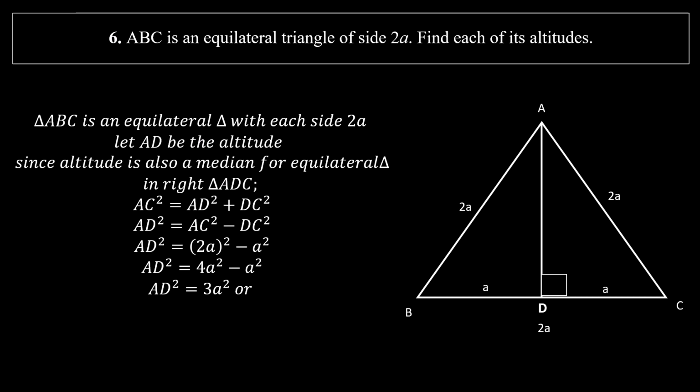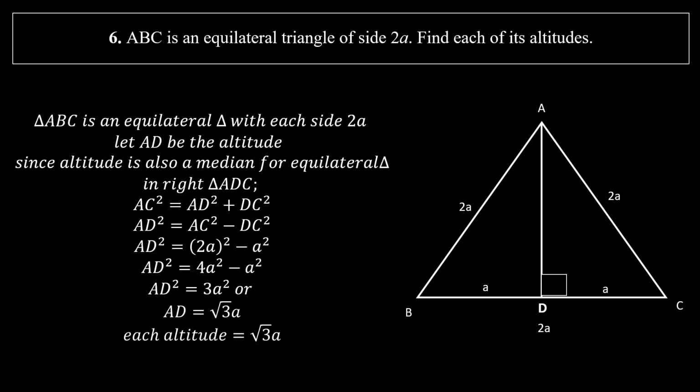Taking the square root on both sides, since we need AD and not AD square, AD comes out to be root 3 A. So the altitude of an equilateral triangle is root 3 A, where A is half of the side of the triangle.